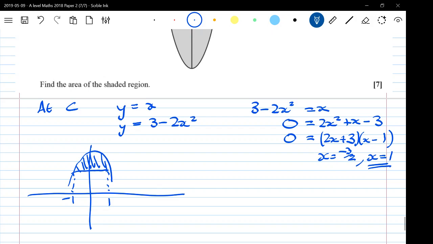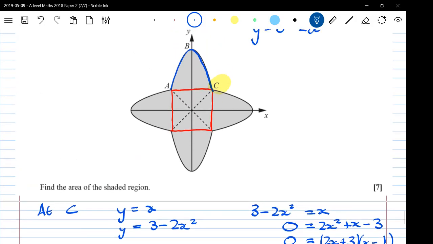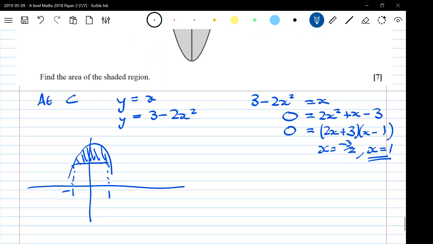So that shaded area relates to this shaded area here. That is the integral between minus 1 and plus 1 of 3 minus 2x squared. Actually, I need to be a little bit careful about that, because if I do that, I would get the area underneath it as well, wouldn't I?